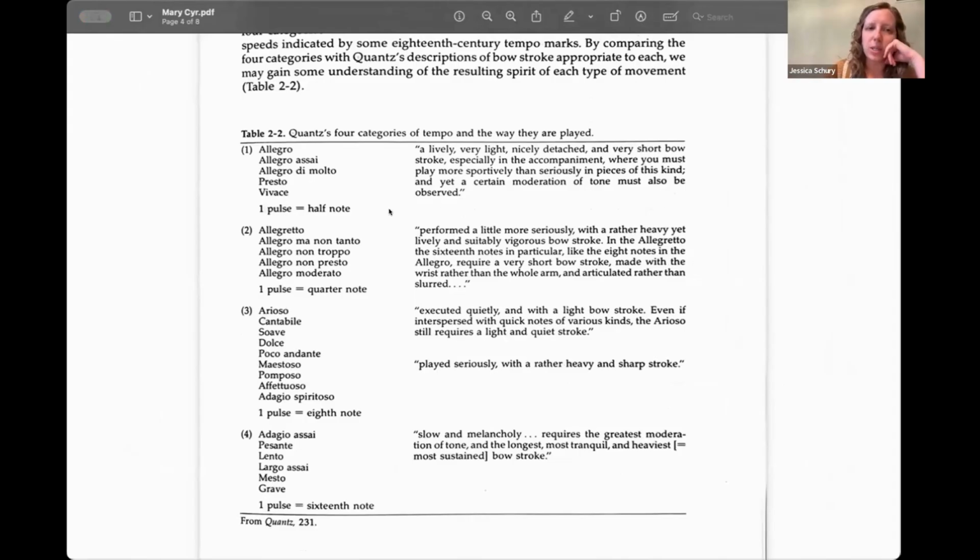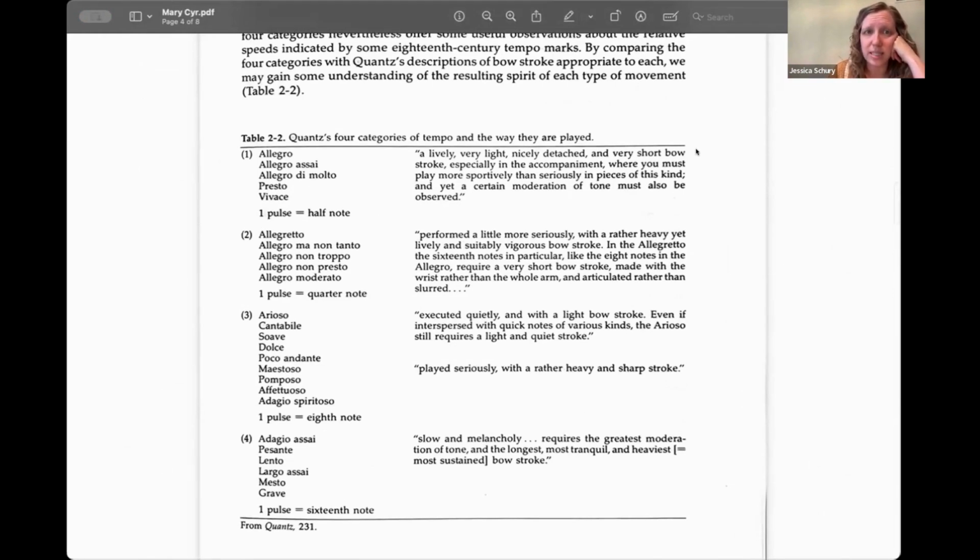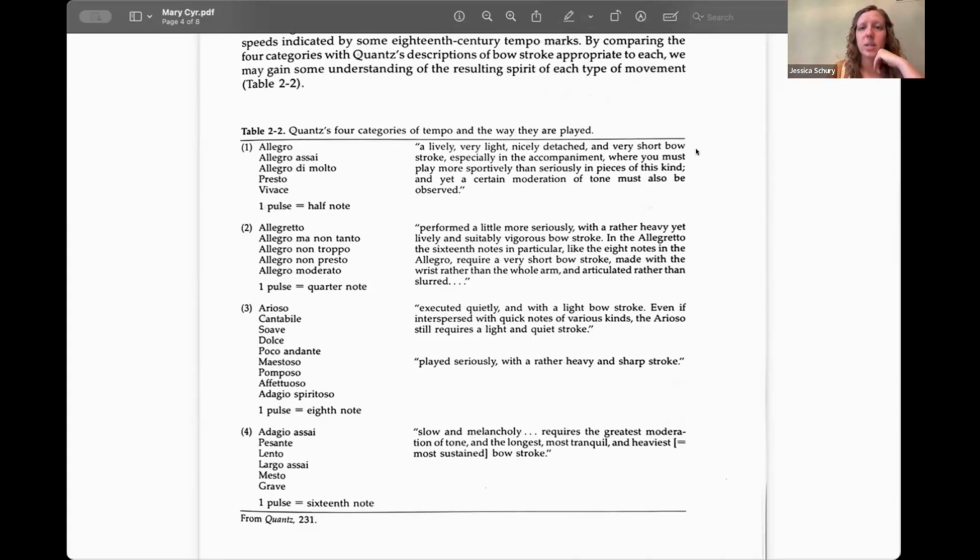So he has these different categories, this being the fastest and these being the slowest. And you can see that the pulse is changing, the pulse is a little bit different. And he speaks in terms of bow strokes, even though he was a flutist himself, but he does relate it to that. I think a lot of flutists relate playing with bow strokes, which is really helpful.